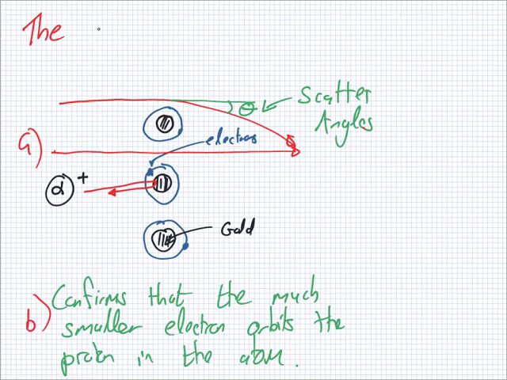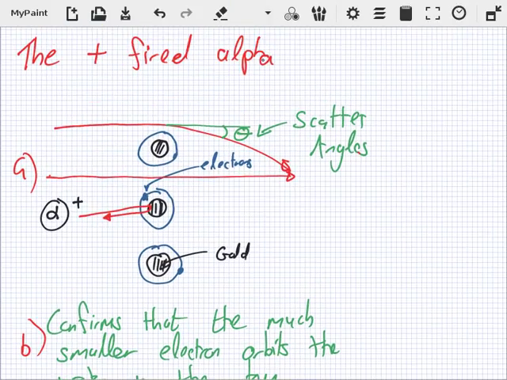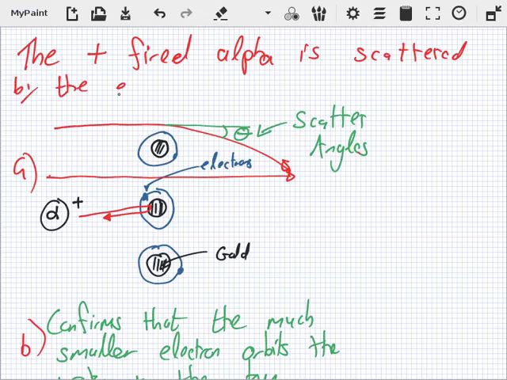The positive alpha fired is scattered by the electron and repelled by the proton.